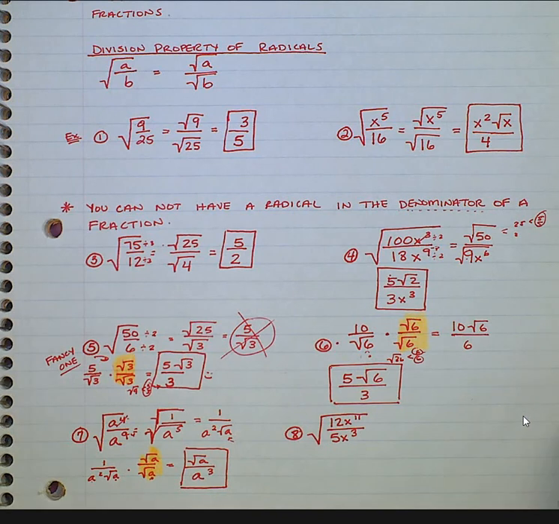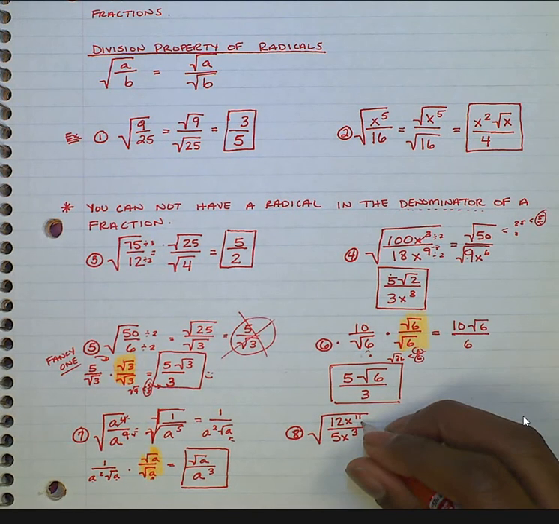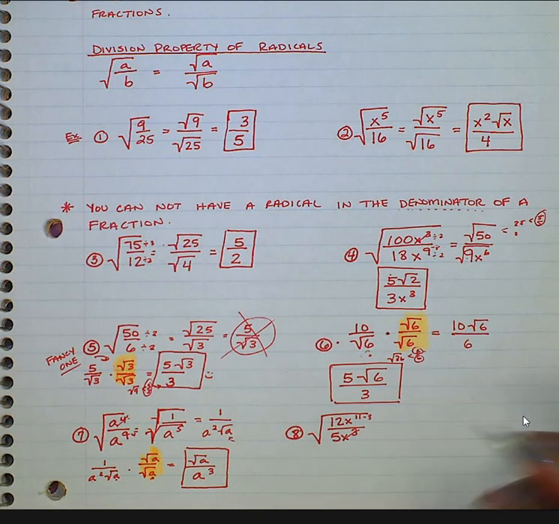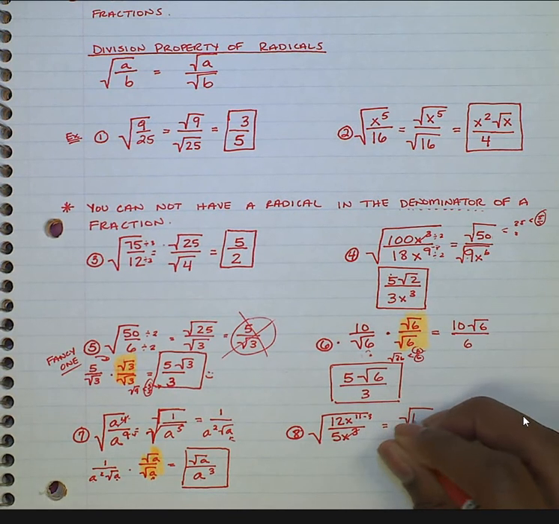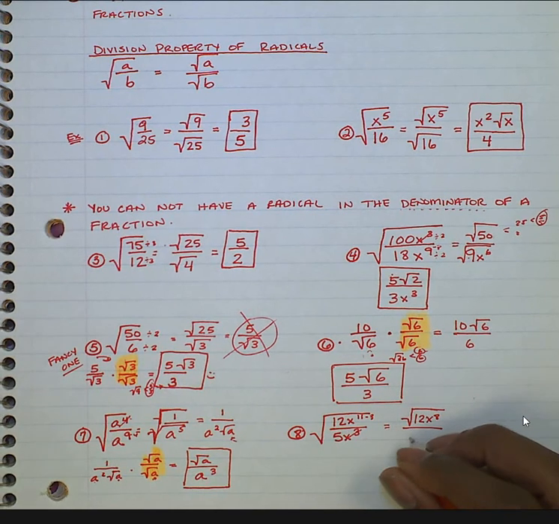Last problem, if you want to really challenge yourself, try this on your own. If you want to follow me, go ahead and do that as well. Okay, so I see these x's, I'm going to subtract 3 there. 12 and 5 don't simplify anymore, so I'll have radical 12x to the 8th over radical 5.